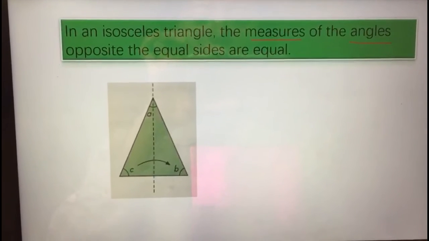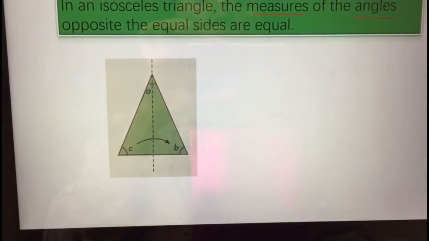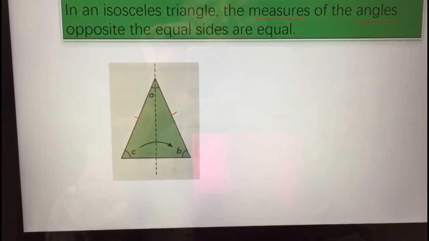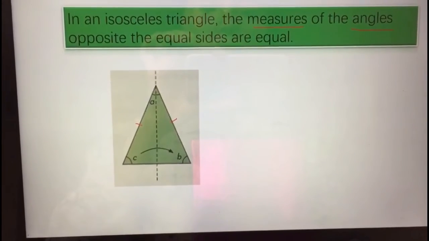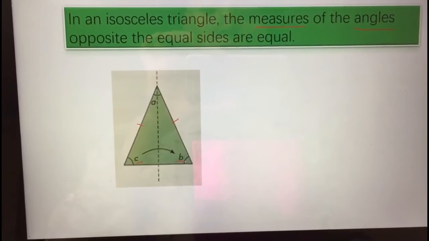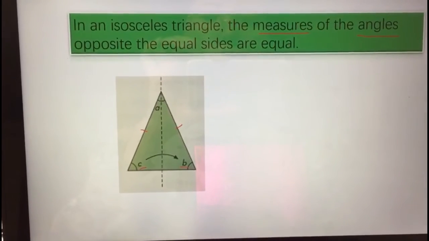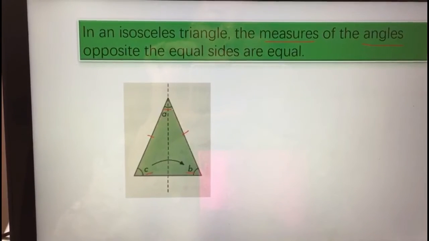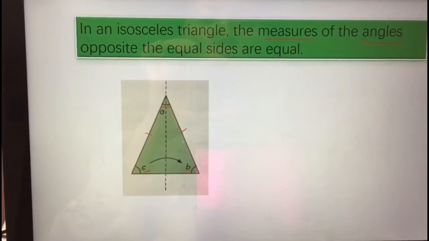What it means is, in this triangle, this side and this side are equal, and angle C and angle B are angles opposite these two equal sides. Angle A is the angle between these two equal sides.